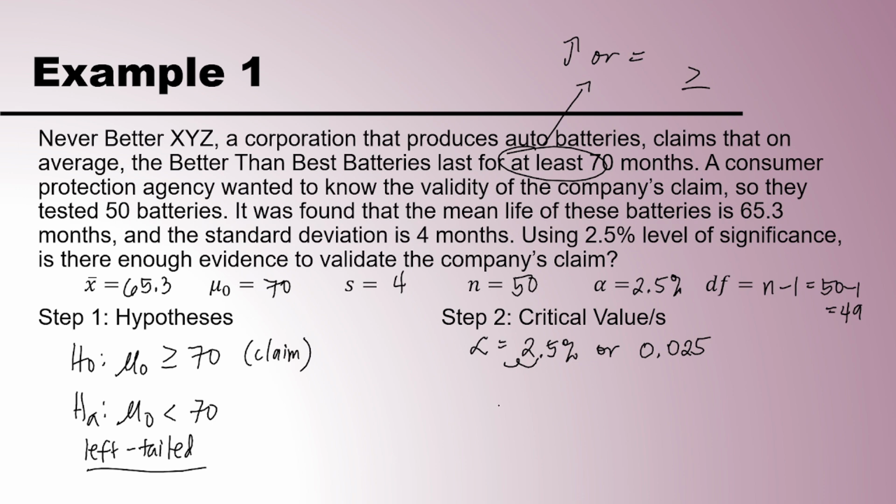We leave that as is. And then we will look for the t-value such that its alpha is 0.025, and its degrees of freedom is 49. We go back to the table and look for the t-value based on the alpha and the degrees of freedom.